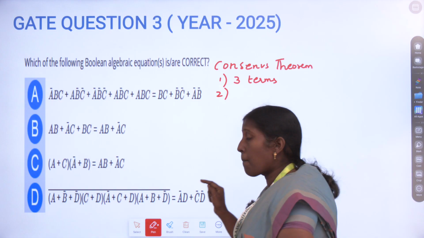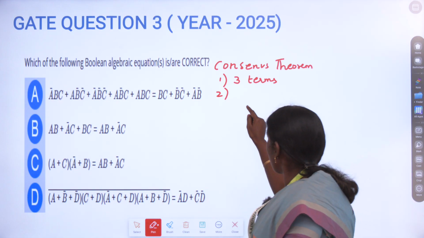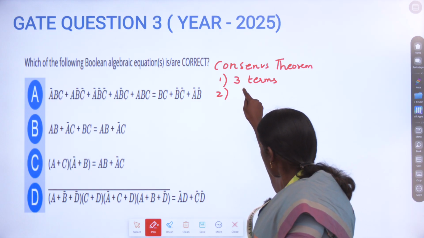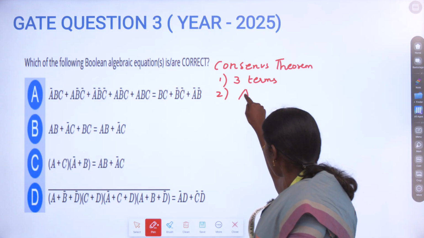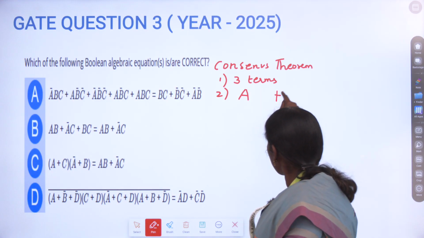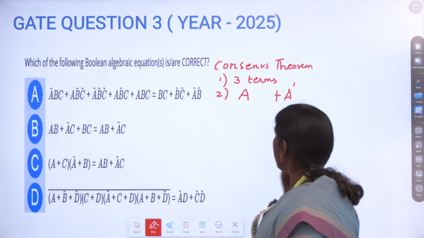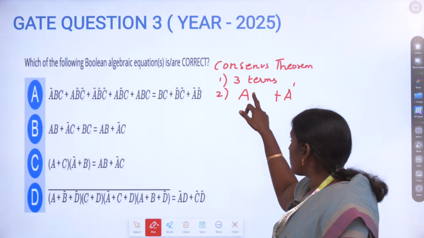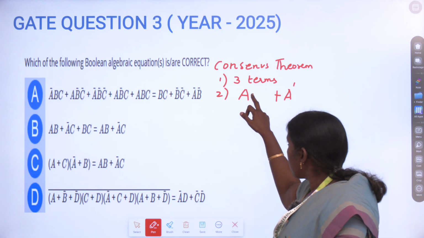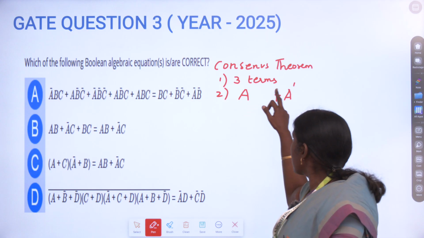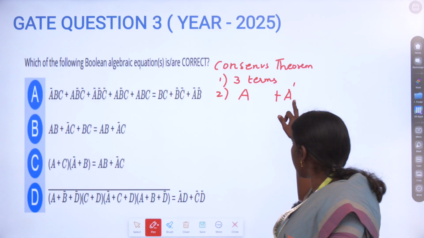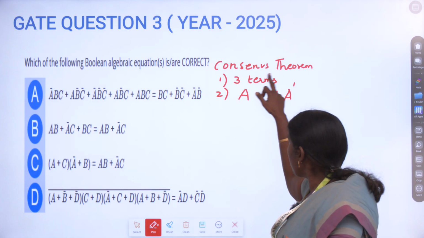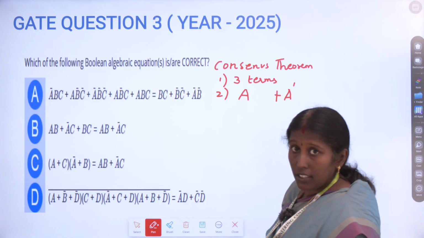The second rule is, the first variable in the first term and the first variable in the second term should be complements of each other.